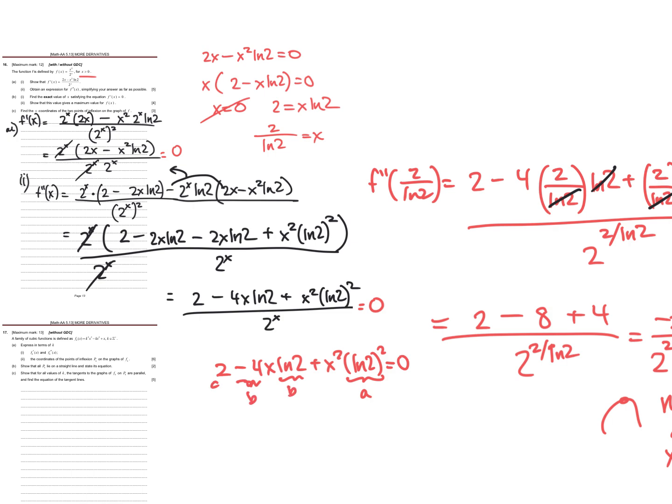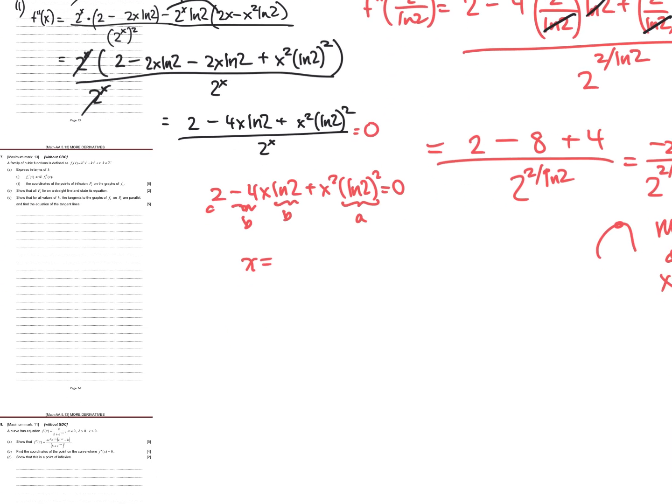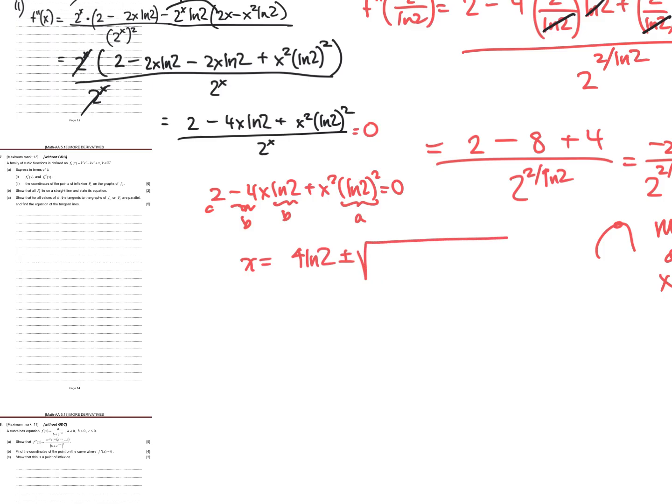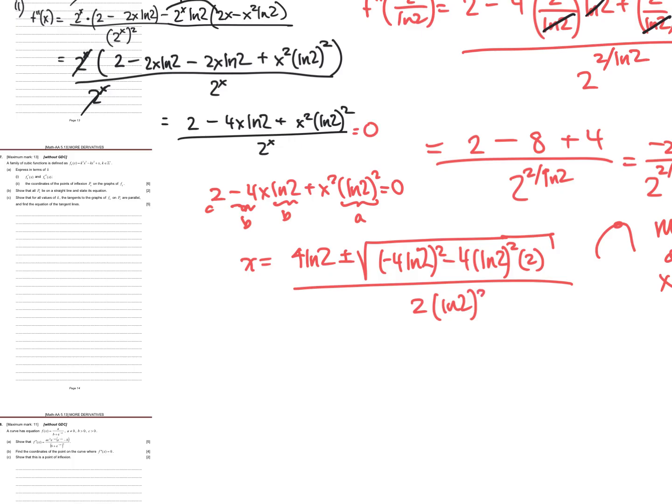and this is c. So we're going to have x equals negative b, which is already negative, so 4 natural log 2, plus or minus the square root of b squared minus 4ac, all over 2a.